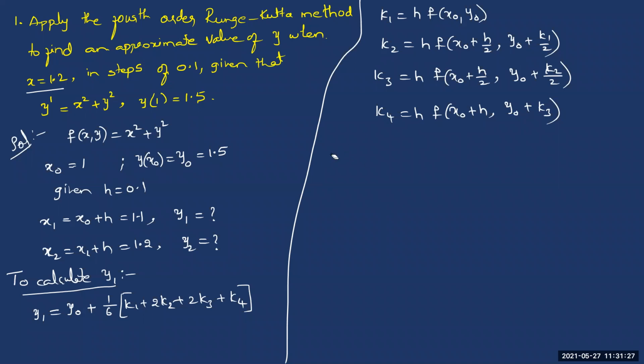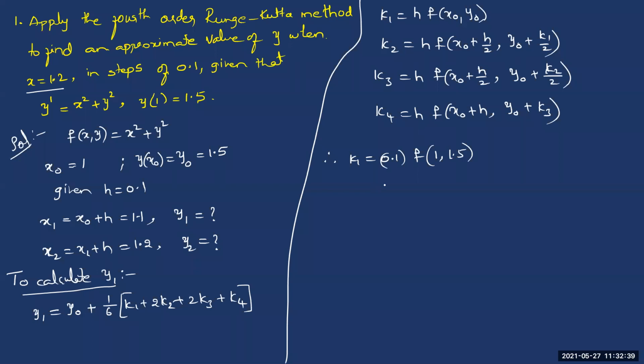Now, if you calculate k1, let us substitute here. h is 0.1 into f of x0, y0. x0 is 1 comma y0 is 1.5.